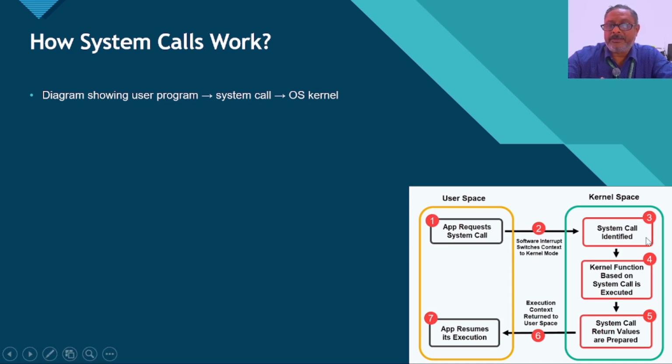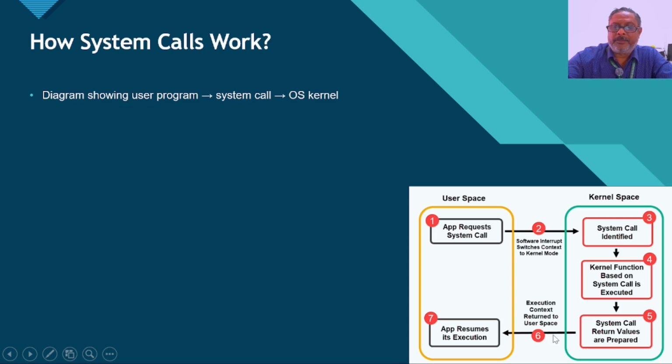Once it gets into kernel mode, the kernel identifies the system call, and if that system call is valid, it continues, and the kernel function based on the system call is executed. Then the system call returns the value that is the output of the kernel function just executed, and the return values are prepared and sent back.